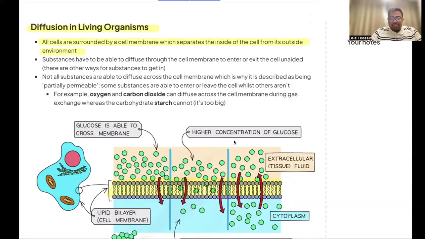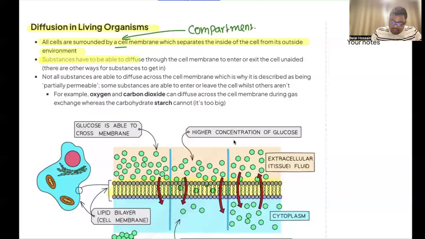The word cell means compartment, and compartmentalization means separating from the outside world.